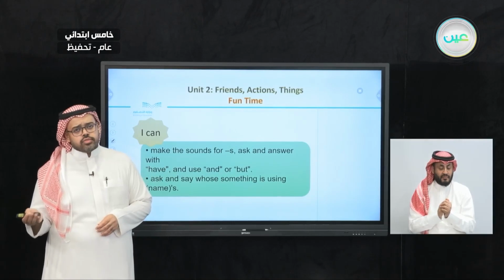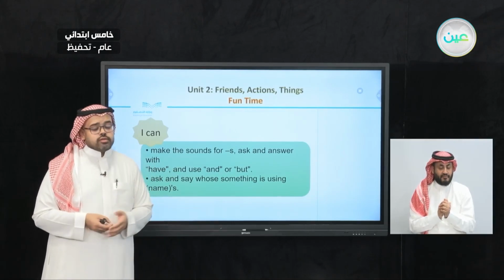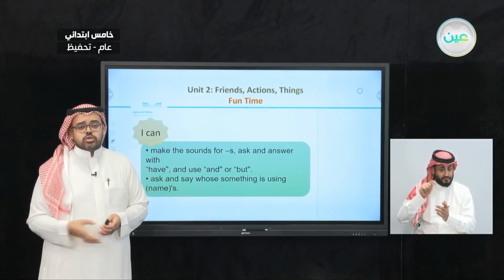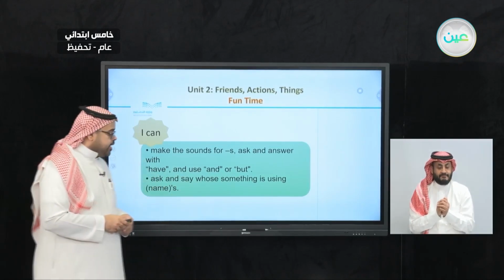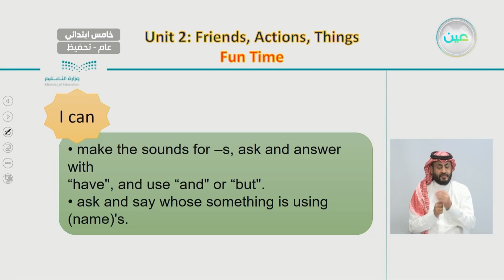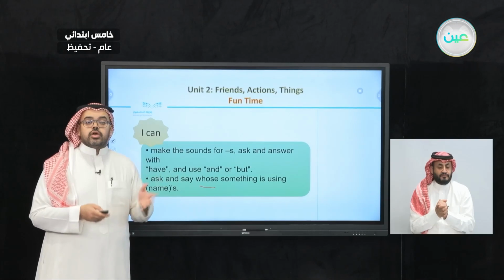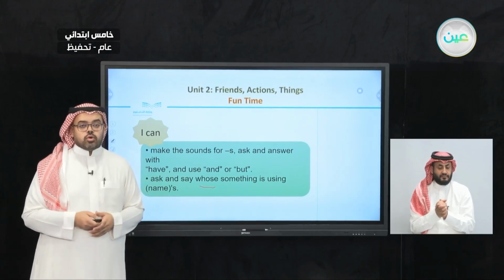If you have one thing and don't have the other, you can say, I have a sandwich, but I don't have orange juice. And also to ask and say whose something is using a name. So if this thing is for Abdullah, we say it's Abdullah's. If it's for Noura, we say it's Noura's, and so on.